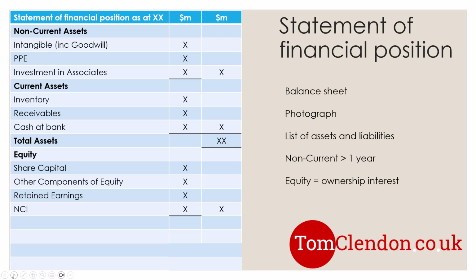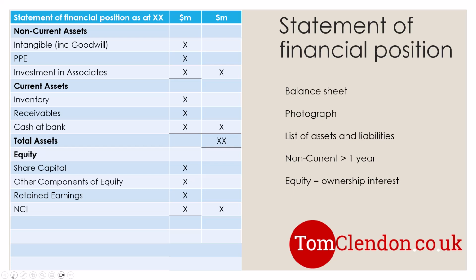And then there's other components of equity. Now that's a much more dustbin type of account. There's all sorts of things in other components of equity. For now, let me just say revaluation reserve, revaluation gains, but it could include share premium, it could include group exchange differences, and the more we study SBR, it could include share-based payments and all sorts of weird and wonderful differences.